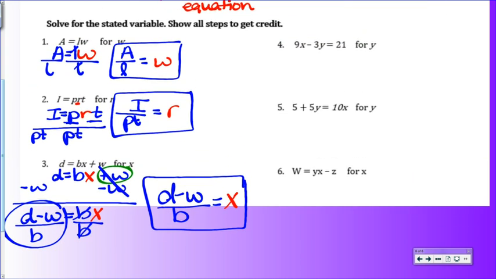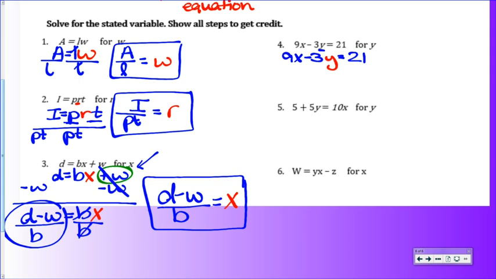Number 4. This time we're solving for Y. So we're looking for this variable right here. So 9x minus 3 times Y equals 21. So just like on number 3, when we had to get rid of the W, we're going to start by subtracting the 9x.